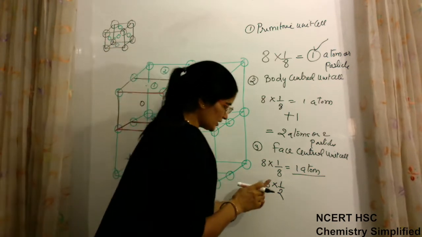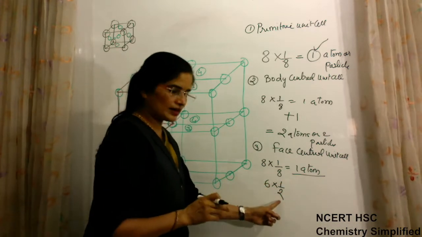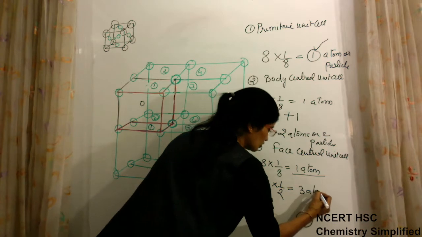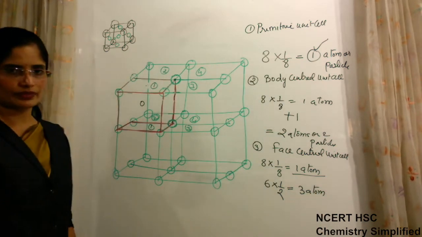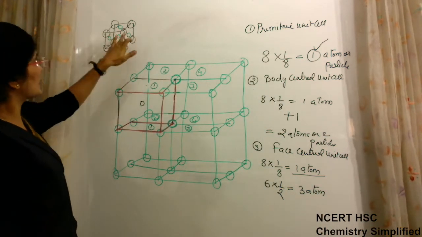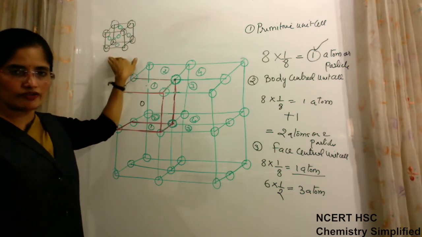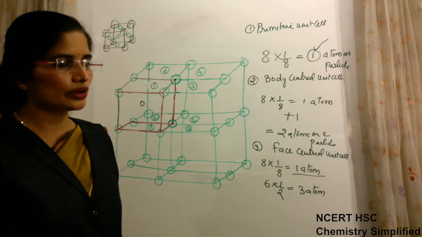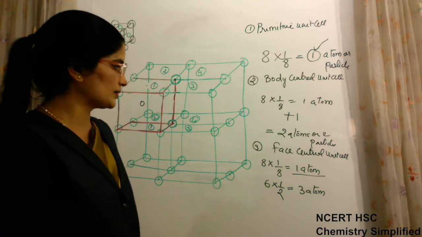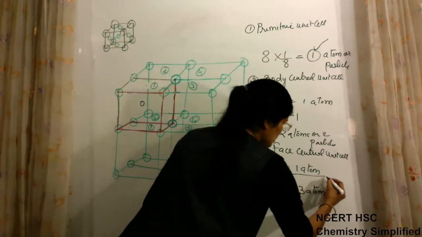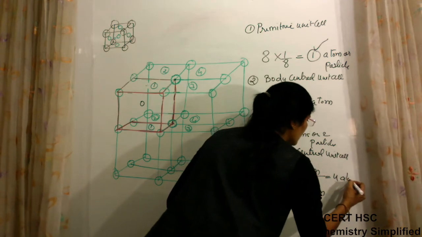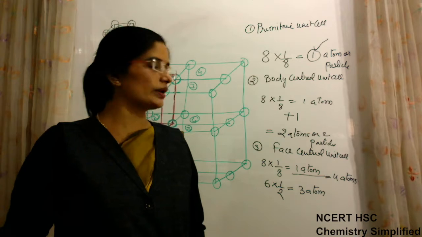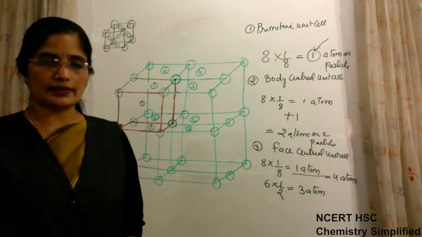So 6 faces, half a particle from each, that means 3 atoms in all are contributed. So 3 from the faces, 1 from the corners, total 4 atoms are present in a face-centered cubic unit cell.